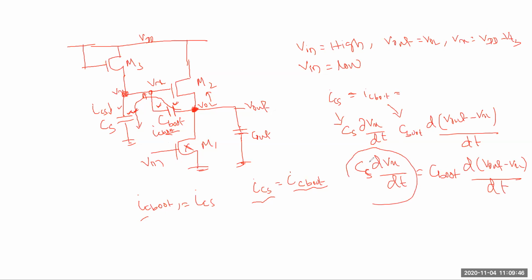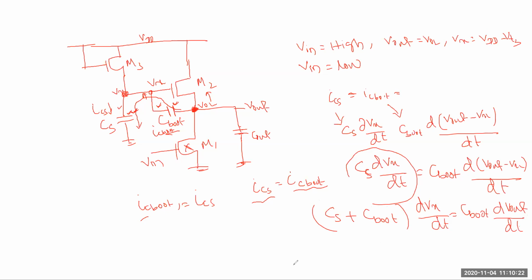Now if you arrange it in the proper way, you get C S plus C boot times dVx by dt equal to C boot times dV out by dt. Yes or no?